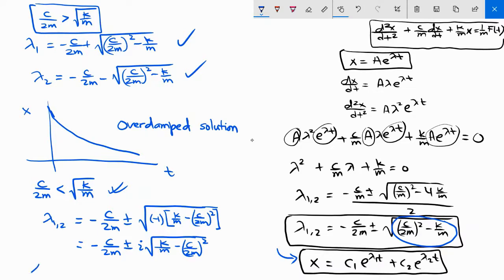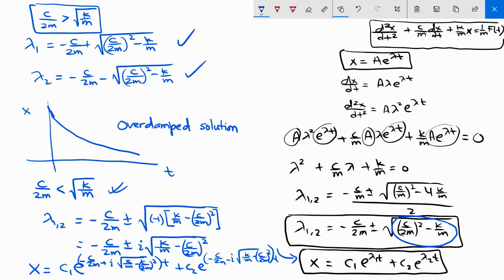So now if I want to write the solution for x, I will get x equals c1 e to the power, and lambda 1 will be minus c over 2m plus i square root of k over m minus (c over 2m) square times t, plus c2 e to the power minus c over 2m minus i square root of k over m minus (c over 2m) square times t.